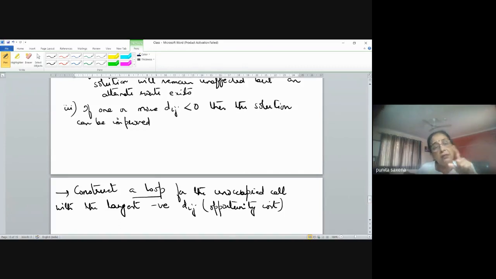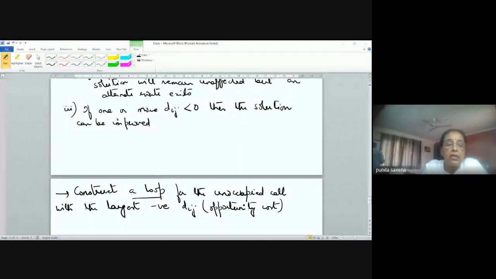Just as before, which variable enters the basis? The one with the most negative Zj minus Cj. So we look for the largest negative Dij, which has to be incorporated into the basis.